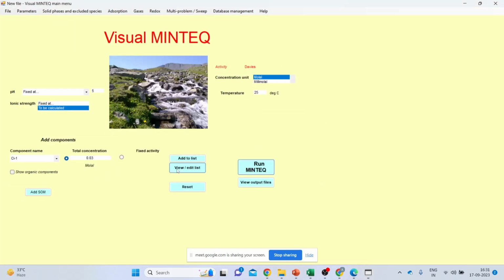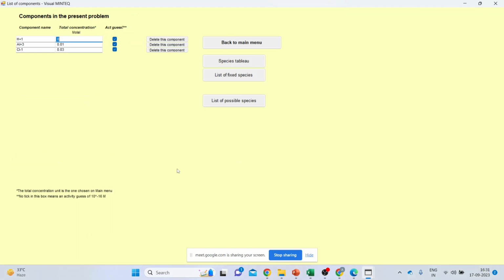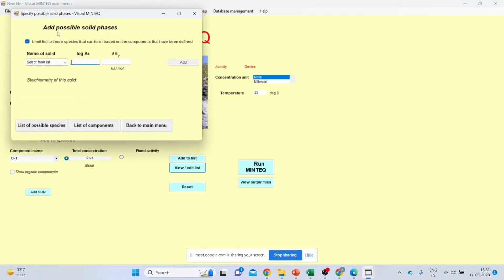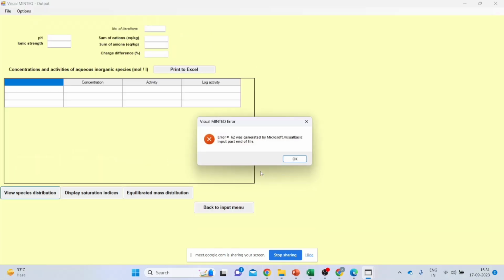I don't know why some error is showing. I don't know what is error 62.